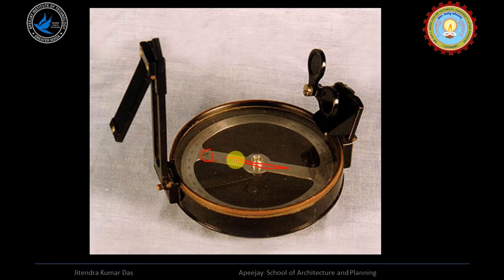One magnetic needle is attached beneath this plate, and due to that, this scale always establishes itself in the magnetic meridian. So whenever we keep this prismatic compass at any place, it will align itself in the magnetic bearing system.